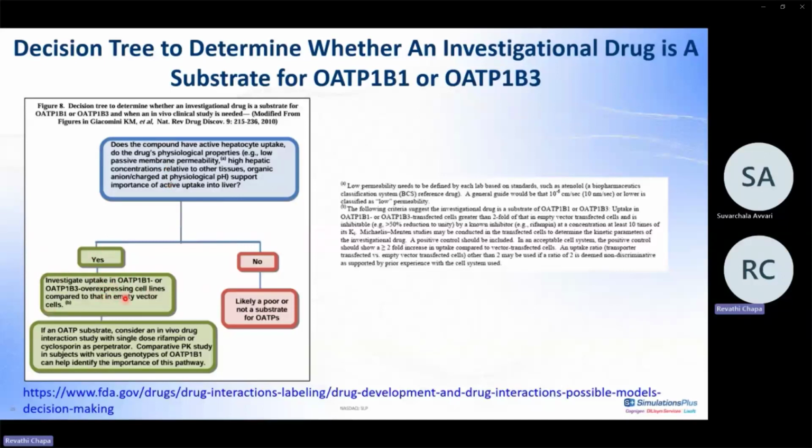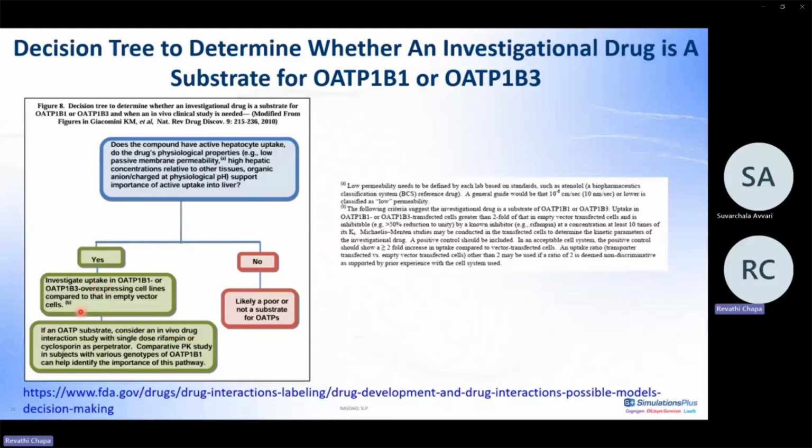And we compare these values to that in the empty vector. If the value is greater than 2, then we would consider that it could be an OATP substrate. Then, if your compound is an OATP substrate, an in vivo drug interaction study with a single dose of rifampicin or cyclosporine as perpetrator is desired.